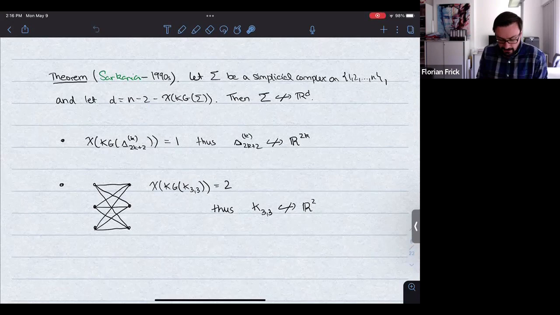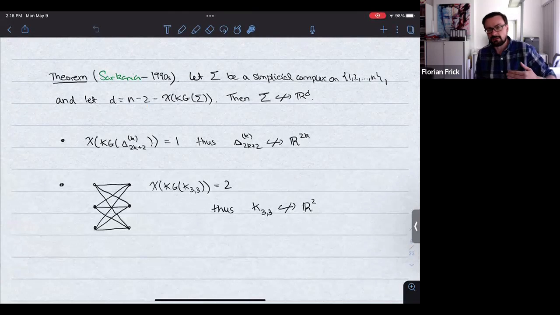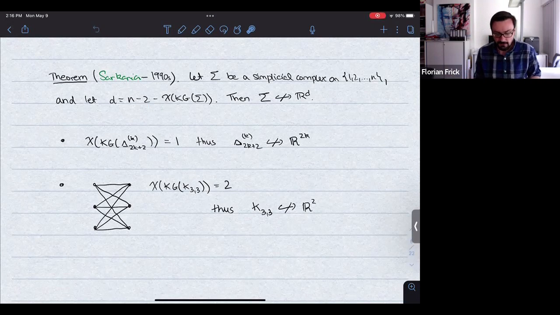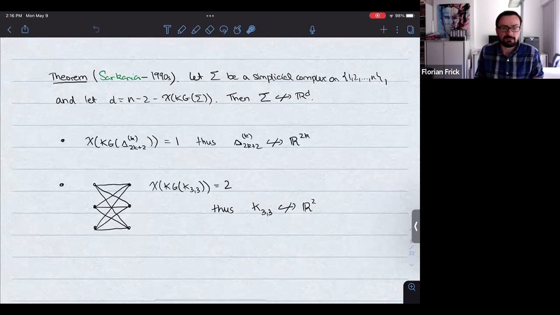In a similar way, you can look at the k-skeleton of the 2k plus 2 simplex, because for non-faces, up to k plus 1 vertices, everything is a face. And then non-faces have k plus 2 vertices, and for the same reason as before, any 2 non-faces overlap. So the chromatic number is again 1, and that means that the k-skeleton of the 2k plus 2 simplex does not embed into R^2k.